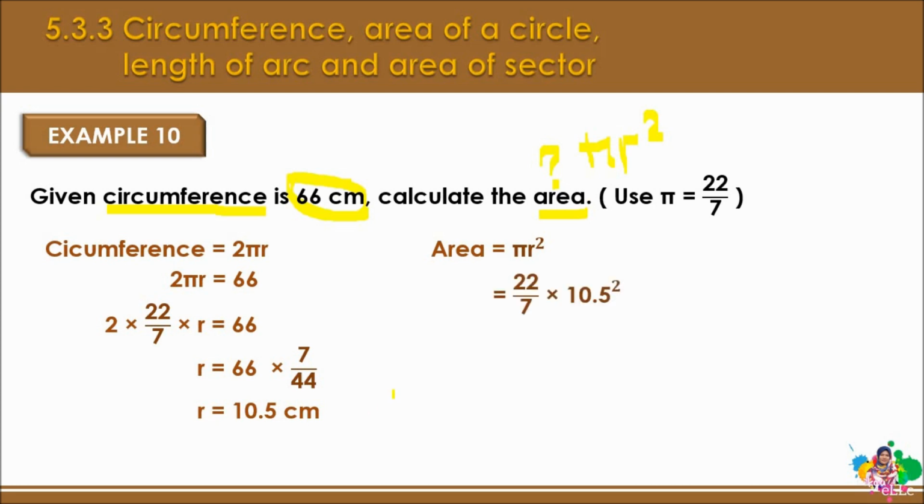Use pi 22/7 and then multiply by 10.5 square. So area is 346.5 cm square. So to solve this question, you have to understand first what the question asks you to find and what information is given to you.